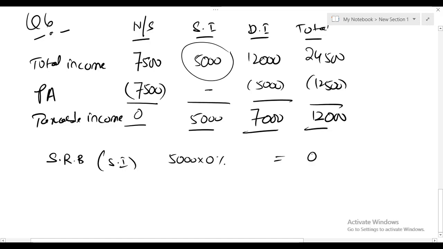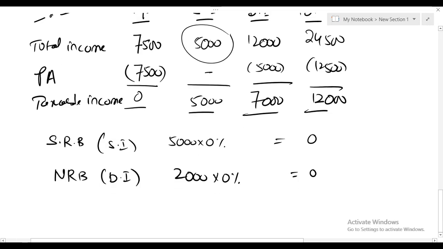For dividend income, we know that the first 2,000 of dividend income falls in the nil rate band. So the nil rate band of dividend income is 2,000. From this 7,000, if I deduct 2,000, I'm still left with 5,000 in dividend income. That falls in the basic rate band.